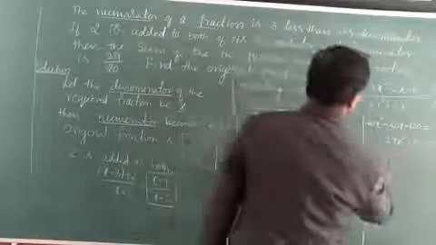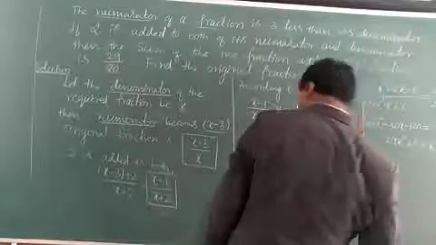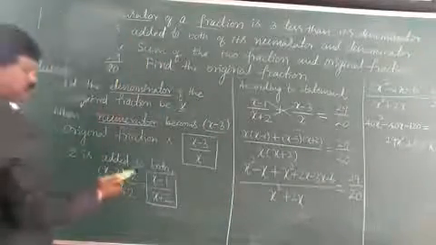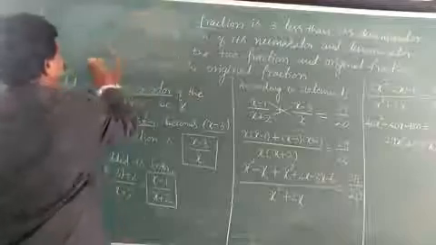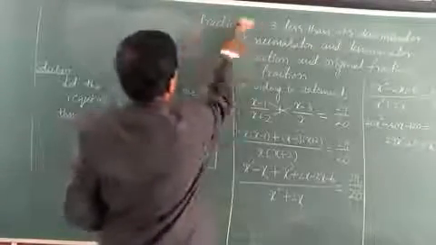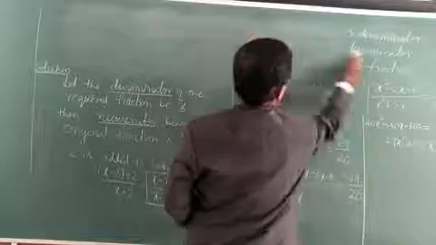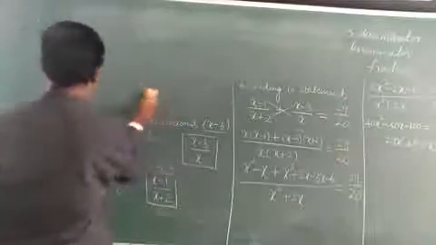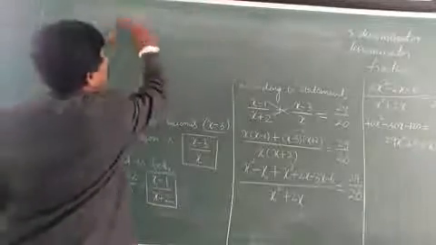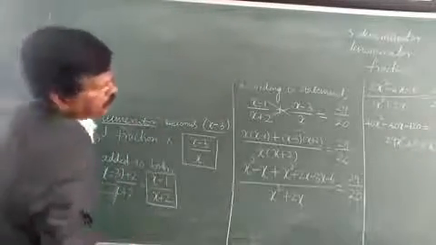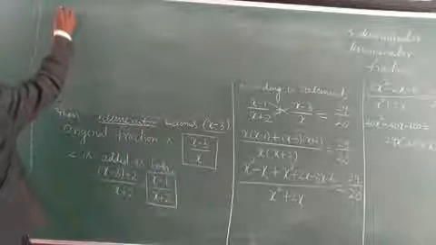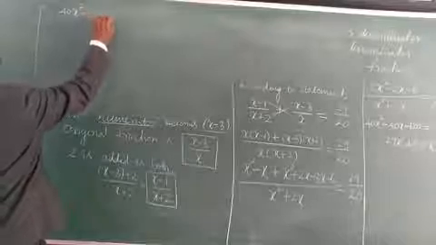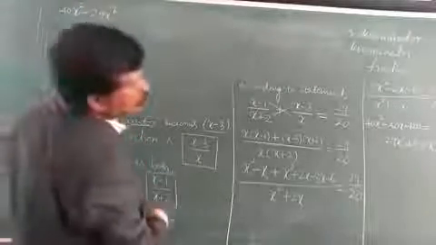Now the standard form, I am writing here. 40x square minus 29x square, shift to one side.